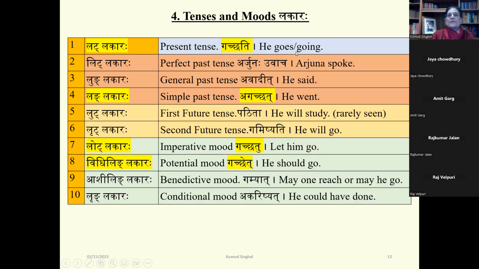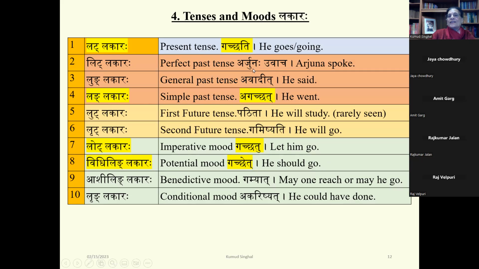Then the last bullet was the tenses and moods. There are 10 lakaras. Lat lakara is the present tense. We've been doing a lot of sentences in the present tense. Then we are going to study the lang lakara, which is the simple past tense, like agachat.